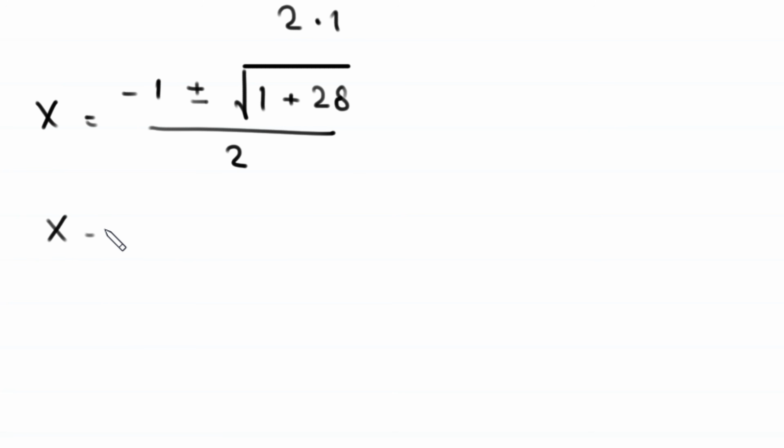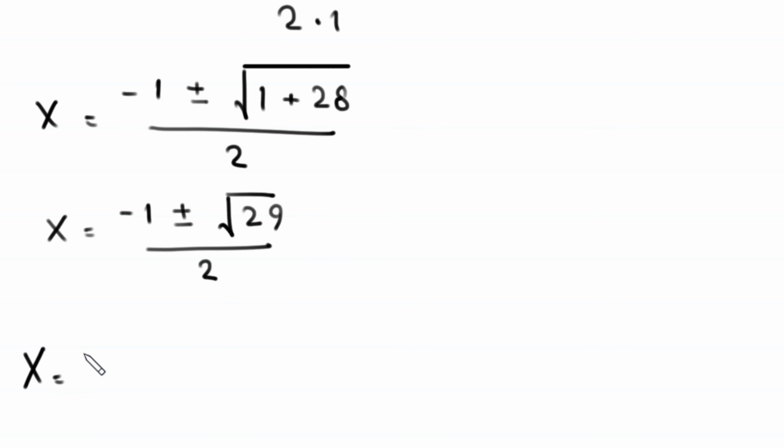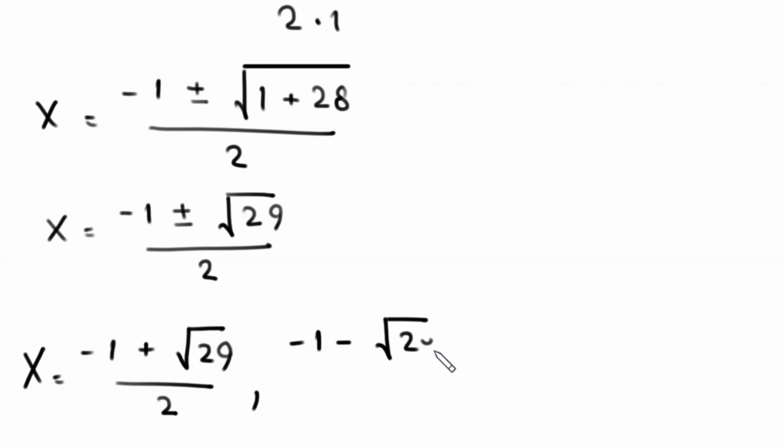Next, x is equal to negative 1 plus or minus root of 1 plus 28, which is 29, divided by 2. It means that x is equal to negative 1 plus root 29 over 2, and negative 1 minus root 29 divided by 2.